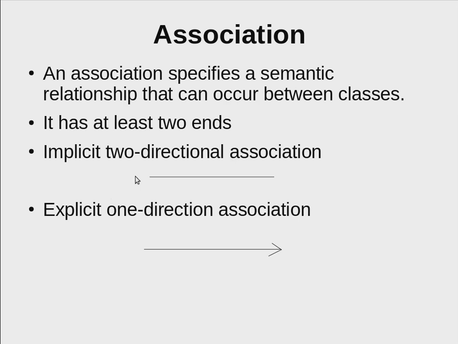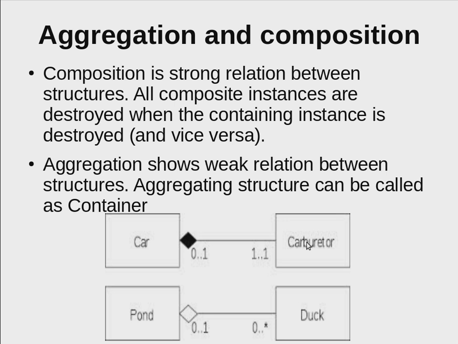And so a simple association is a simple line. An open-ended arrow means that you have a direct reference to the other end. And then there are diamonds. In Latvian, diamonds are called rhombs, not caros or whatever. And these diamonds may be of two different styles, colored and uncolored.